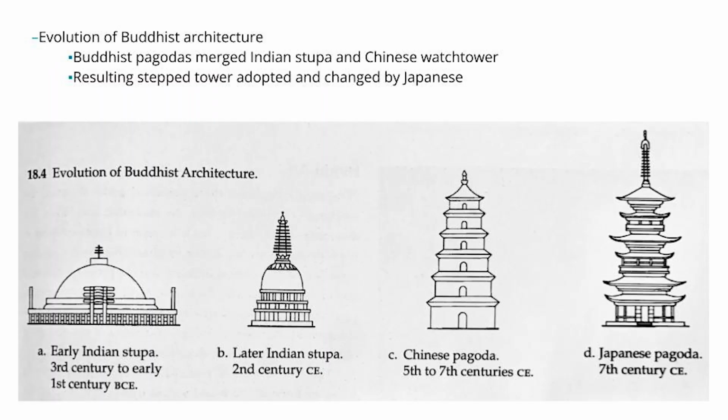So let's talk a bit about the evolution of Buddhist architecture. We've got 4 examples here, and each one builds off the last, just like the 4 Noble Truths. So Buddhist pagodas merged with Indian stupas and the Chinese watchtowers, and all of this together results in this stepped tower that was adopted and changed by the Japanese.